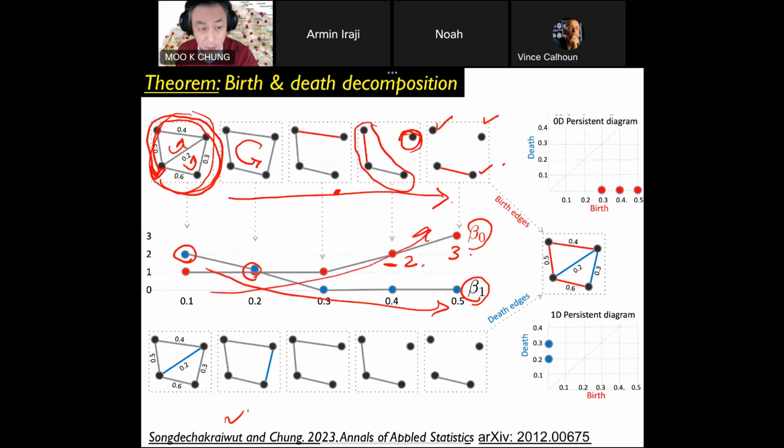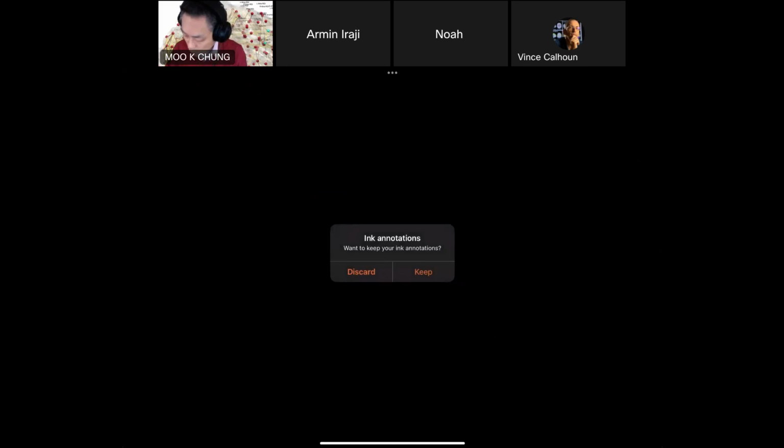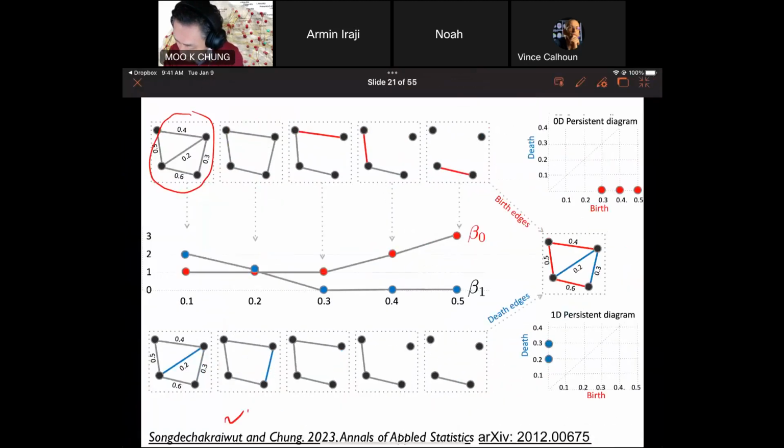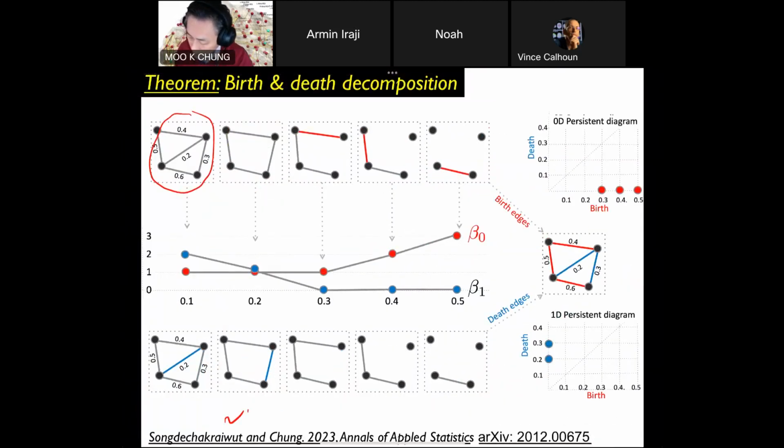Now this is separate from the filtration of the other people. This is simplicity. Then I'm gonna combine all the edges that form a connected component.